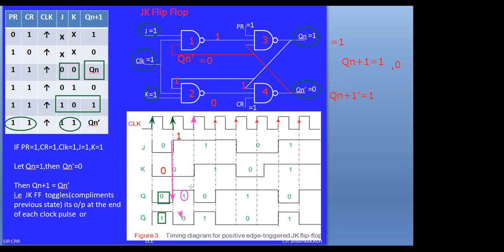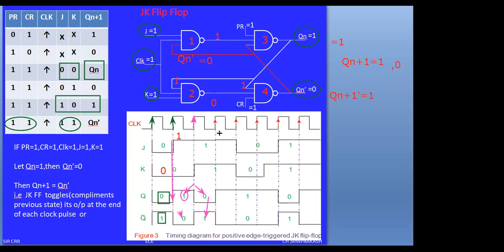At this instant of time the previous value of Q of n is 0, therefore here Q of n is 1. If the previous was 1, this will be complemented to 0, and Q 0's complement is 1, so this will be complemented from 0 to 1. Check this condition. You have to remember this condition.